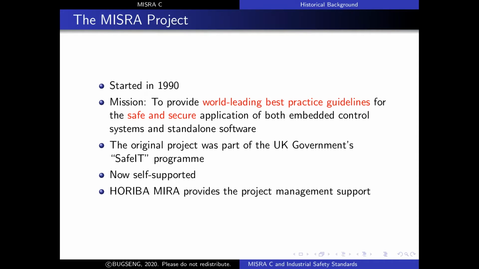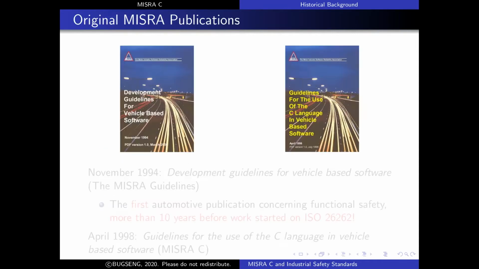There is a private company that provides project management support. By this, I mean that they make a little money by selling PDFs of MISRA C and also hard copies, and they use this money to run the meetings, 5 times per year, of the MISRA C and MISRA C++ working groups and the other working groups present in the MISRA project.